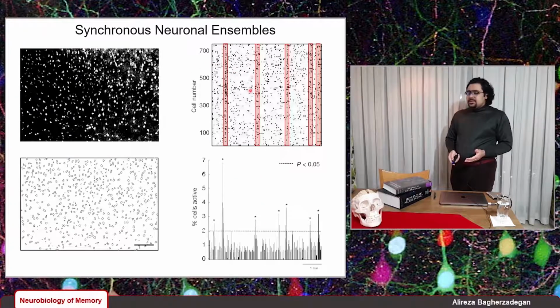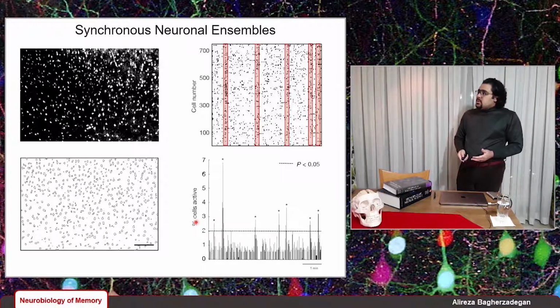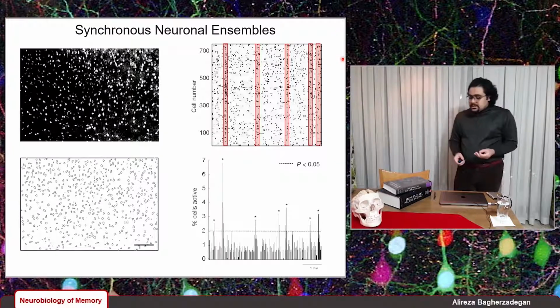Then there is this histogram related to this raster plot, which tells us the percentage of those cells that are active at the same moment. You can see, for instance, at this particular time, a great percentage of those cells are activated, and it's related to this vertical line.